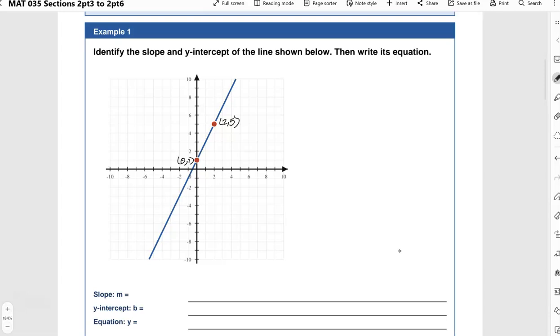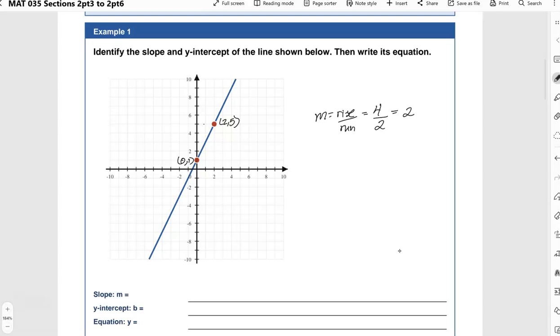Using the graph, we could see how far we moved up from point 1 to get to point 2. So I'm going to move up 1, 2, 3, 4, and then over 2, 1, 2. So rise over run. I went up 4 and over 2, which means my slope is 2.